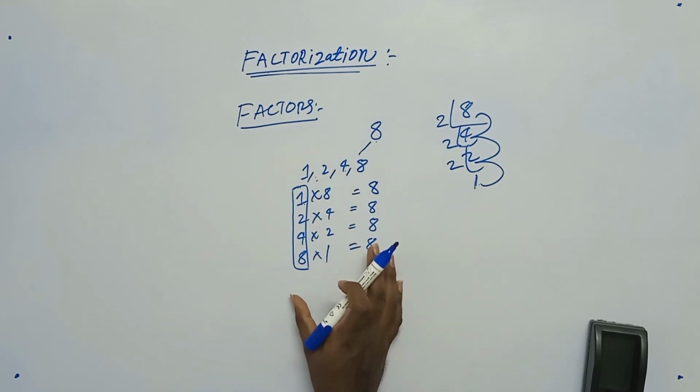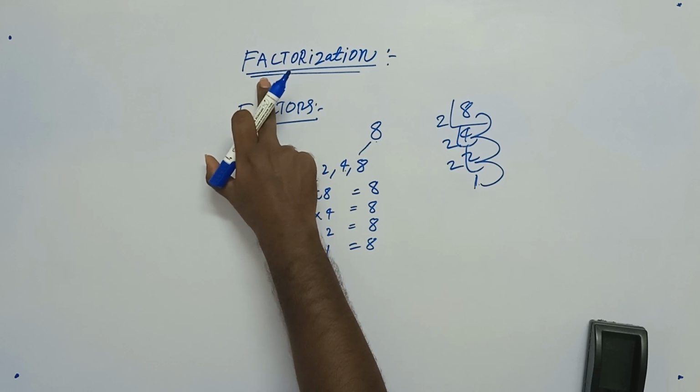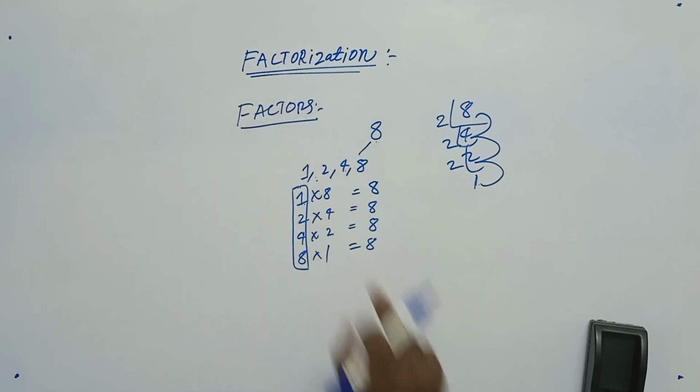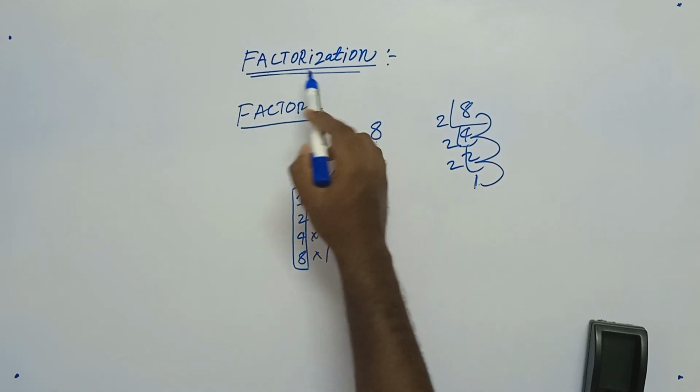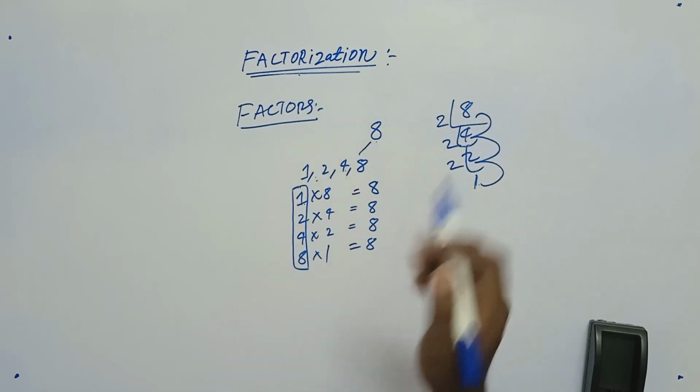So when you are able to know the factors of a number, similarly you are able to find the factors in an algebraic expression. That is called factorization, right? You are going to find the factors in an algebraic expression, or quadratic expression, or might be a polynomial expression.